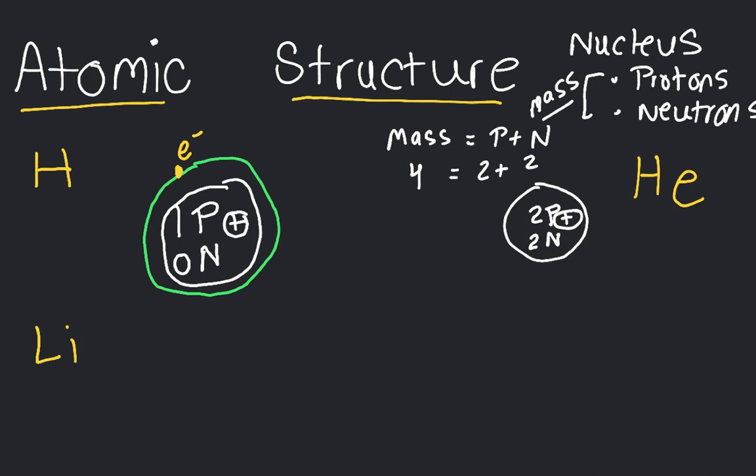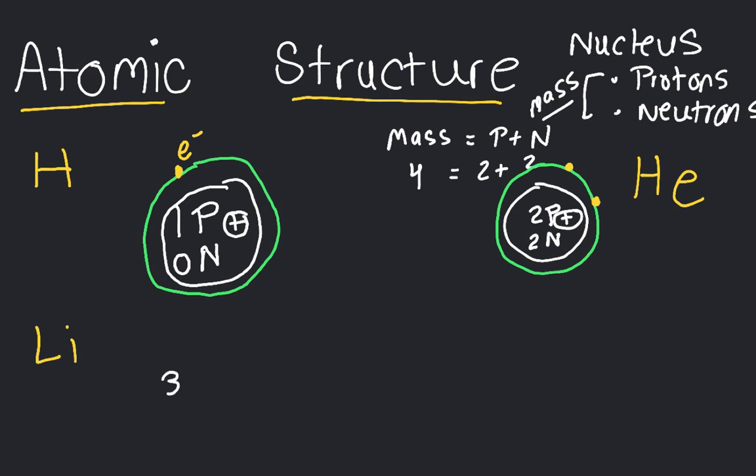And neutrons don't have a charge, they're neutral. So that means it has 2 electrons. One ring of electrons, and let's do 1, 2 electrons. So that's the atomic structure of helium.